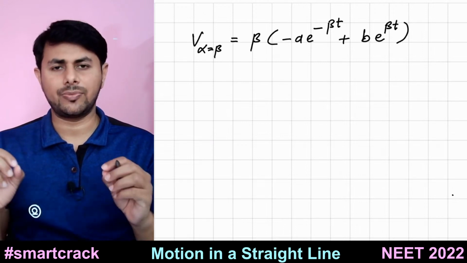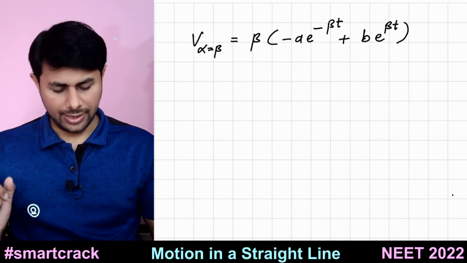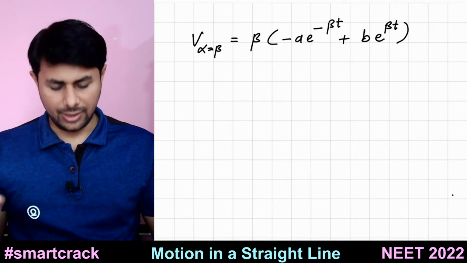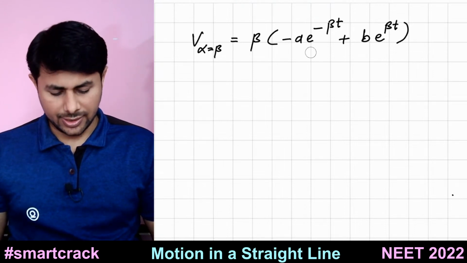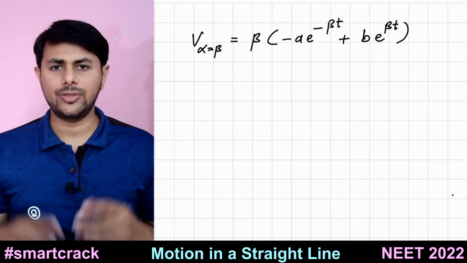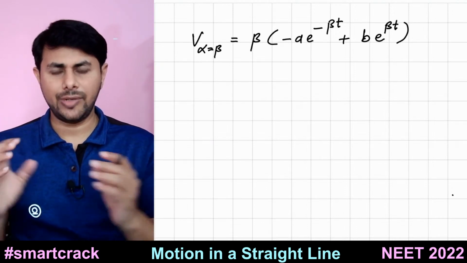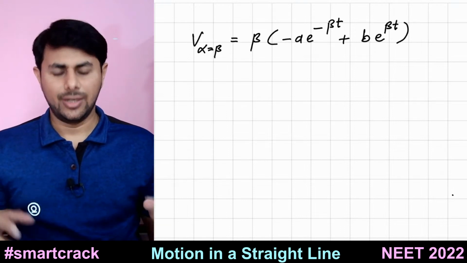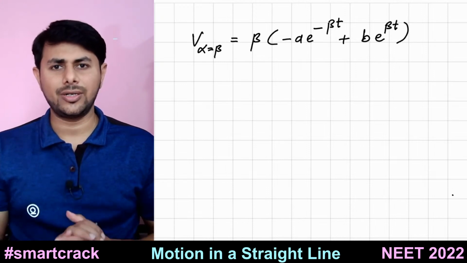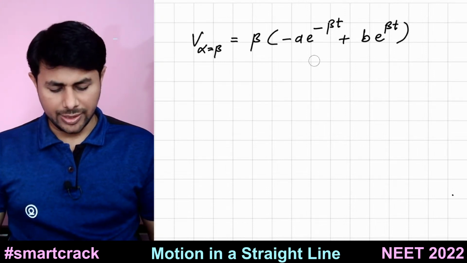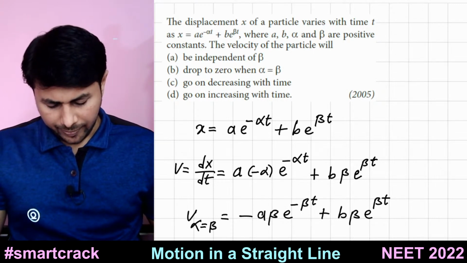This term will drop to 0, because the exponent is negative, and the other term will keep on increasing, because beta is positive, so the exponent is positive. So it will never drop to 0.